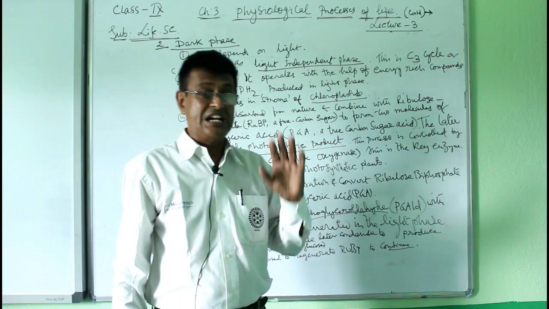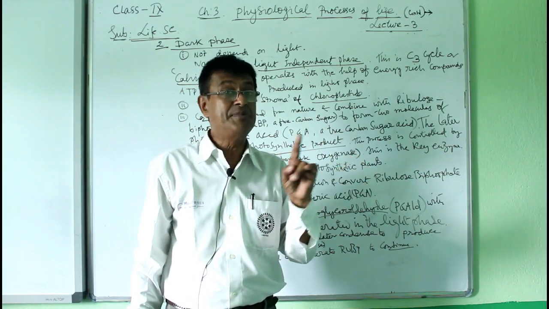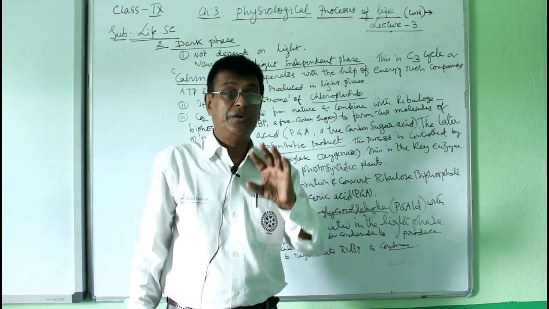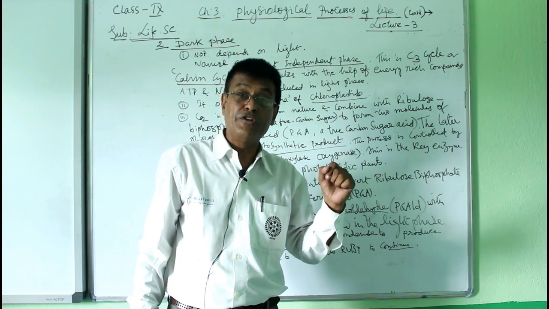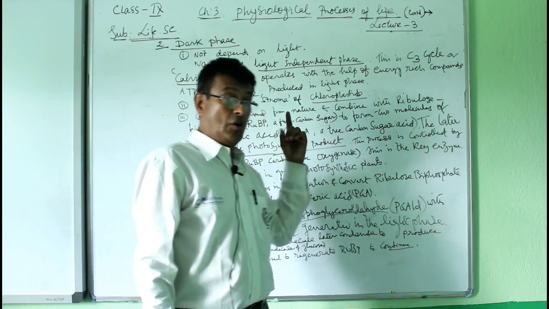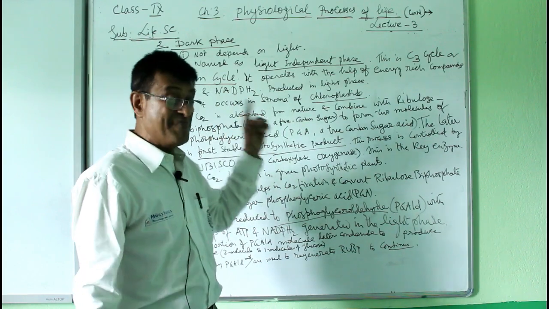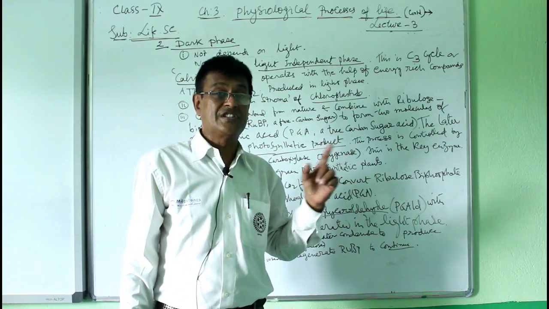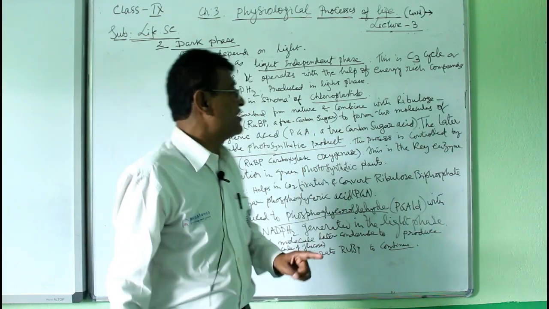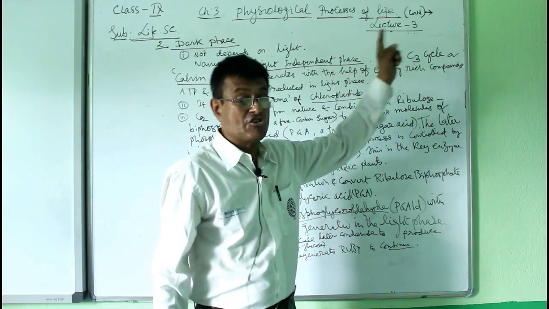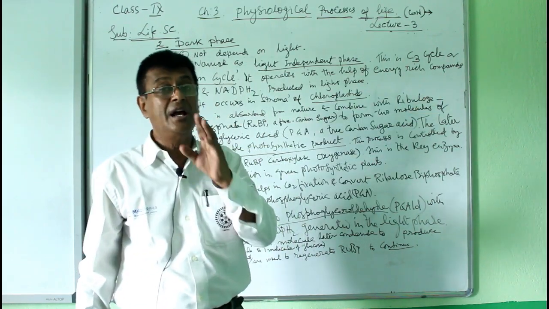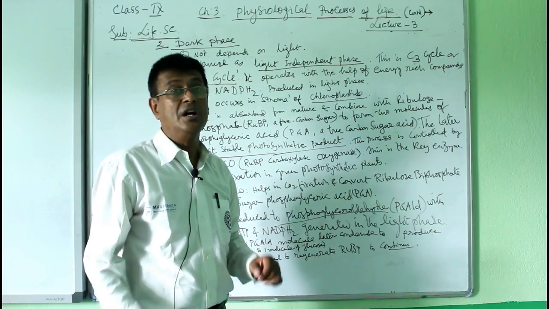We have ATP and NADPH2, energy rich compounds which have been produced in the light phase. Though they are not dependent on sunlight, they definitely require the energy rich compounds like ATP and NADPH2.